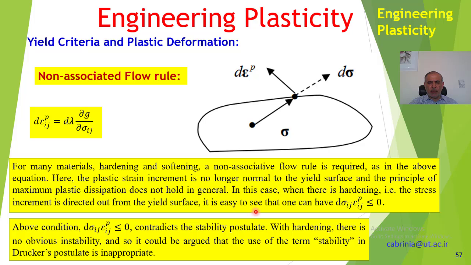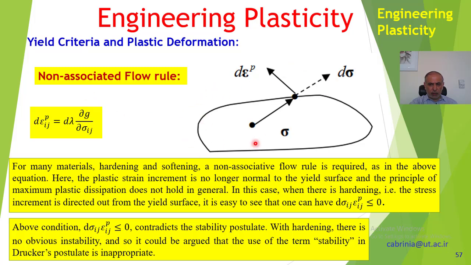It is easy to see that one can have this, okay? Because you can have sigma like that, and d sigma like that, and d epsilon p like that. So the angle is greater than 90, and that becomes negative, contrary to what we have said for associated flow rule.